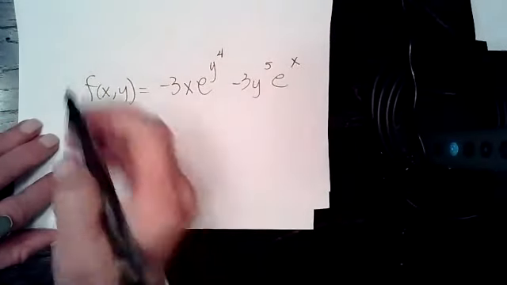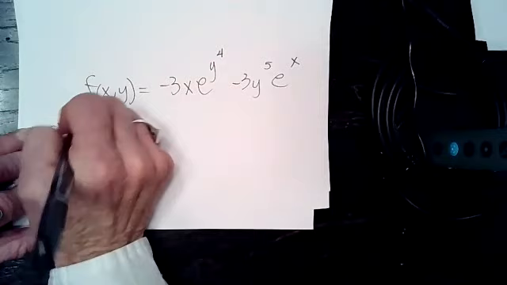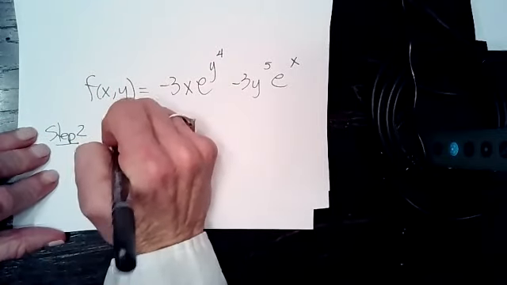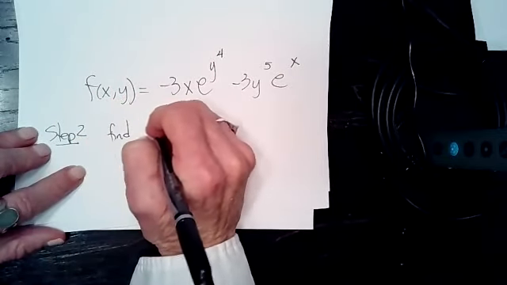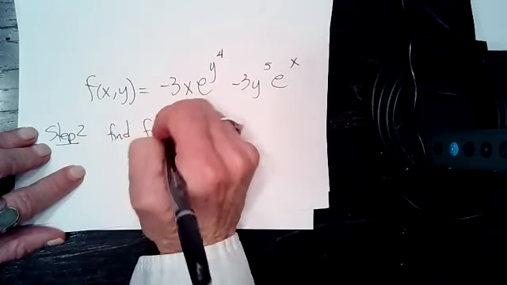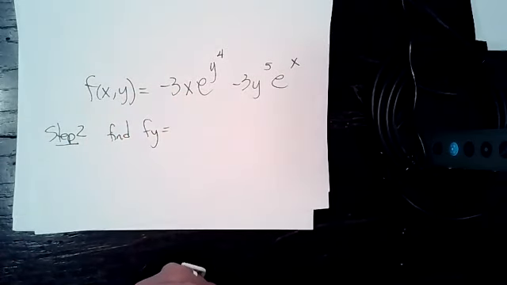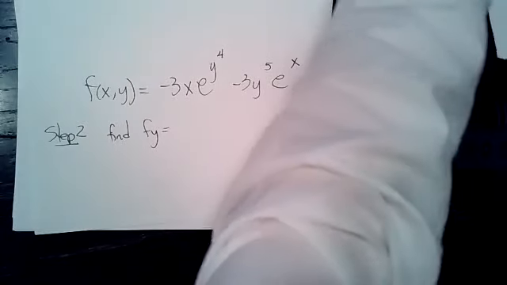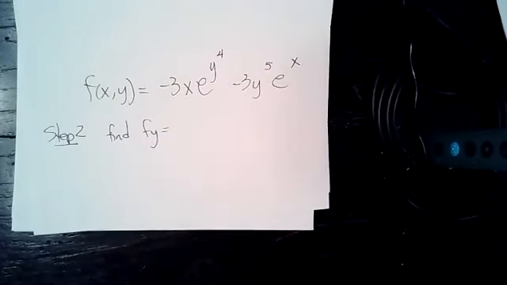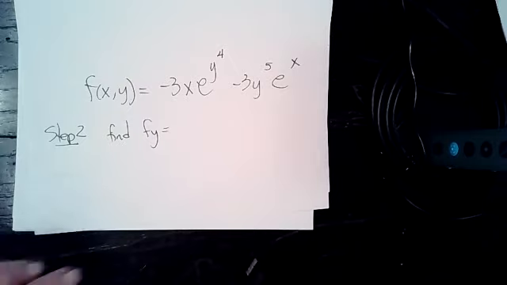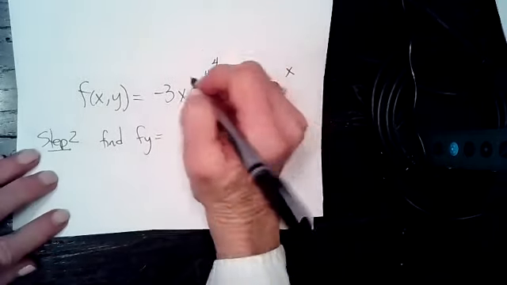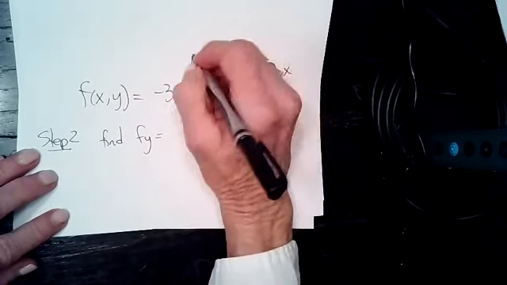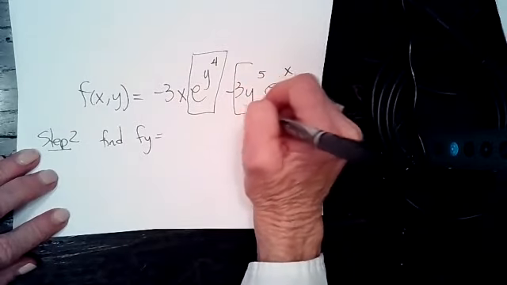The derivative with respect to y. Okay, so let's just recap real quick. Okay, well, all right, so here we go. The derivative with respect to y. So here's my y term, and here's my y term.